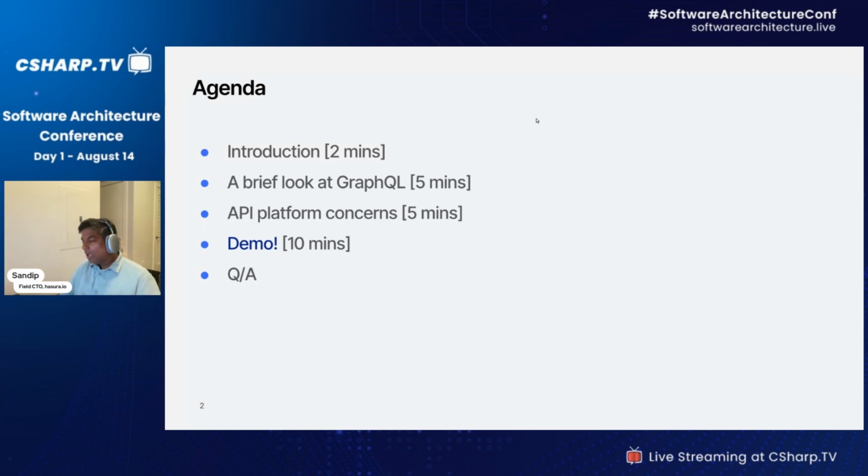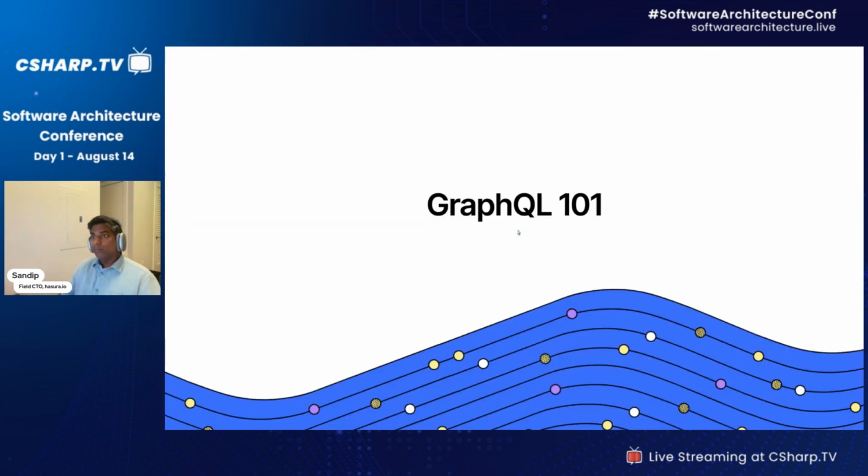So that's the plan. I am not sure if you got my introduction in the beginning, but I'm the field CTO at this company, Hasira. We build tools for GraphQL. I started my career building .NET tools, building applications with .NET 2.5-ish is where I started. Watched the transition to 3 and then went on to do other things.